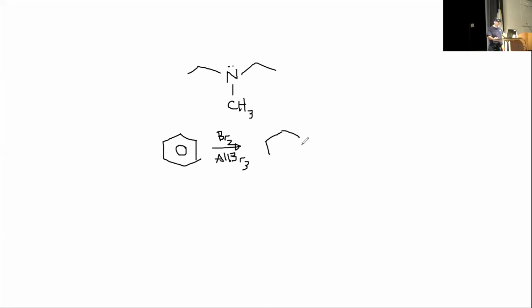It will substitute one of the hydrogens for bromine. And there were 2 or 3 other similar reactions. The inorganic side product would be HBr. So that's one of the reactions we discussed.